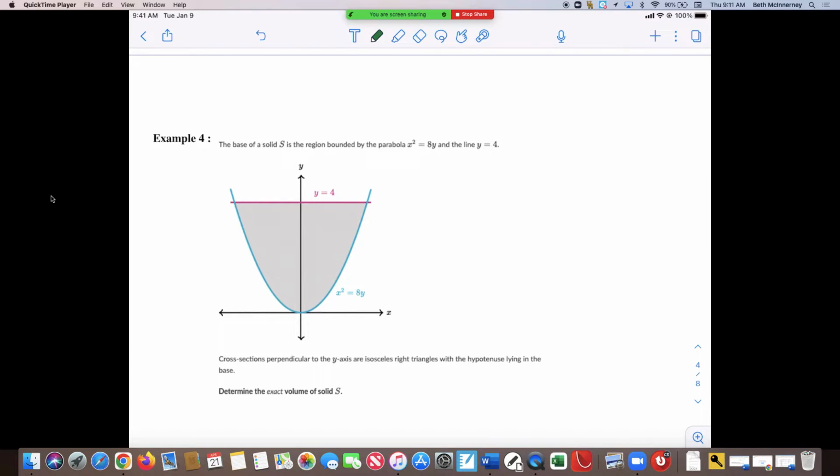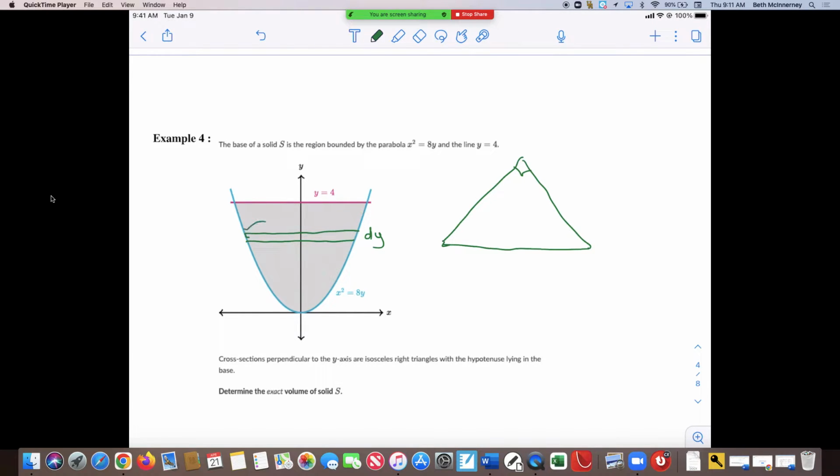Cross sections perpendicular to the y-axis are isosceles right triangles with the hypotenuse lying in the base. All right, so I'm going to be doing cross sections this way. So I want this to be dy. This is my right angle because that's my hypotenuse, okay? That's my hypotenuse.